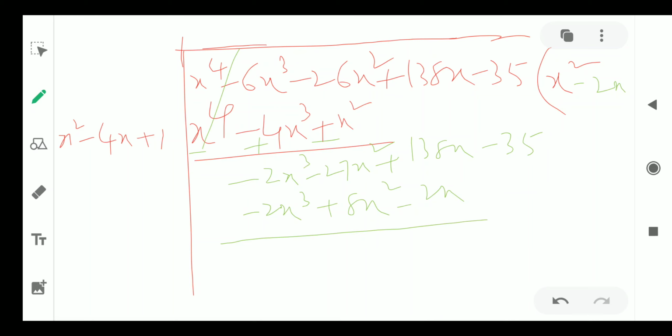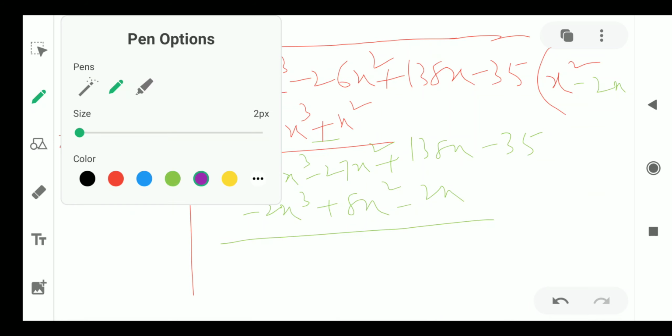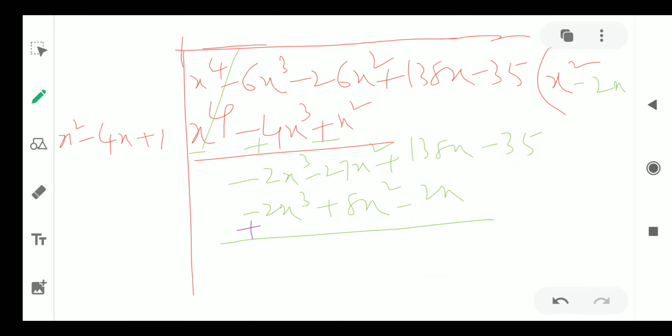So if I take here, this will be plus minus plus, this gets cancelled, and minus 35x will remain. Minus 35x plus 2x and 130, I think it is 140x minus 35. Now we'll take with minus 35 in the coefficient.